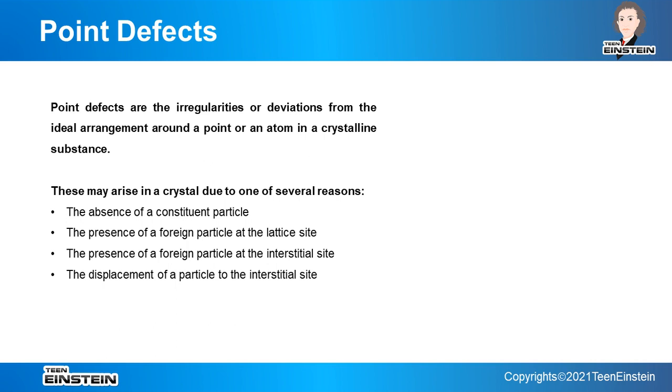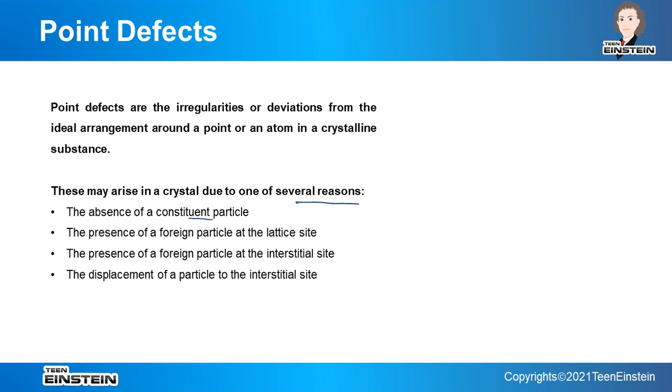Now this point defect may arise because of different reasons, and depending on these reasons we use different names. What are these reasons? The absence of a constituent particle. That means suppose one particle must reside at some particular lattice point but it is not present there; it is vacant, it is absent.